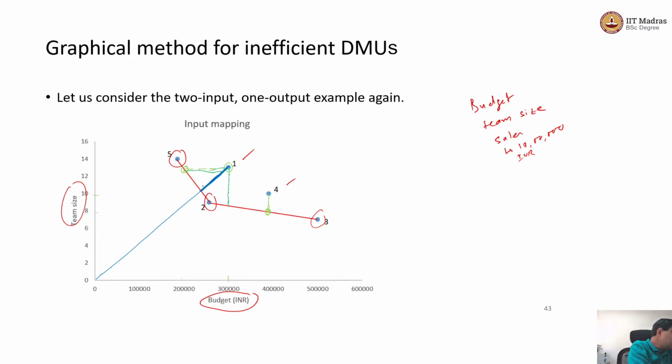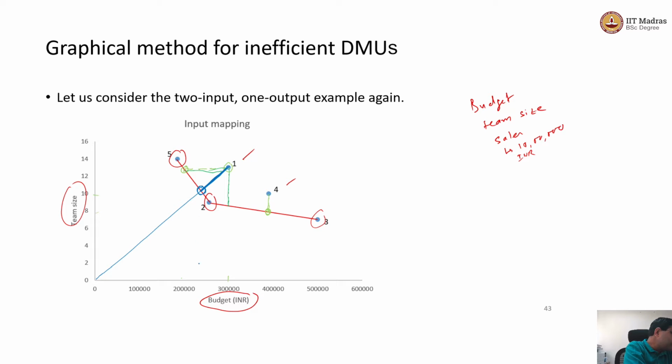So when you move the current input values to this new input value, DMU 1 is probably spending something like 300,000 rupees in terms of budget. Probably it has a team size of 13 or something, right? It looks to be between 12 and 14. And now I am recommending that it moves in the direction of the blue line and hits the efficiency frontier here, right?